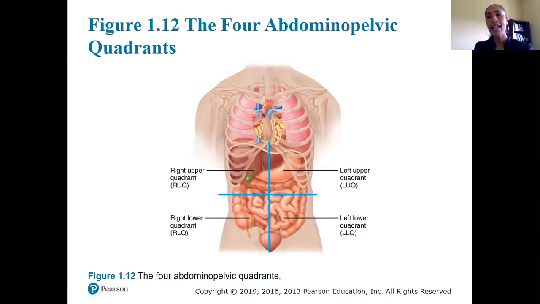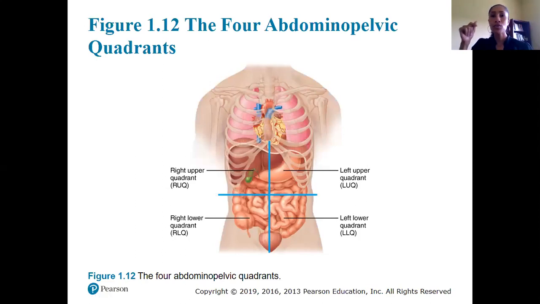So for instance, let's say you're working in the ER and the ambulance brings in a patient and they're running off the stats of the patient. And so they say, you know, gunshot wound injury to the right upper quadrant. You would automatically go, that gunshot wound could be affecting their liver and their gallbladder.